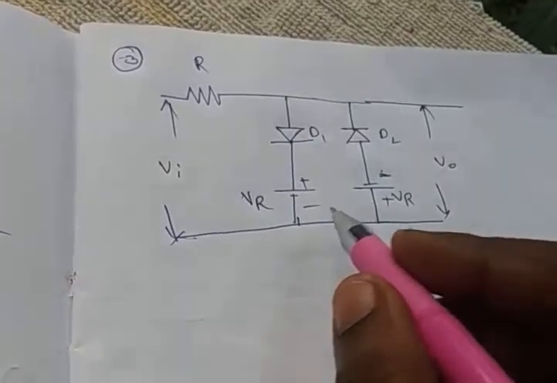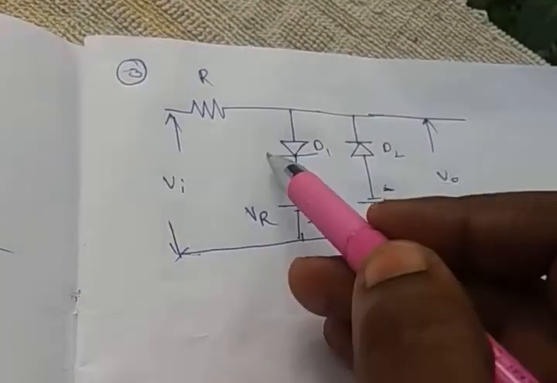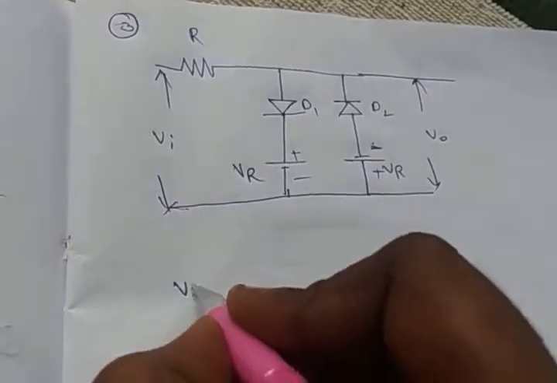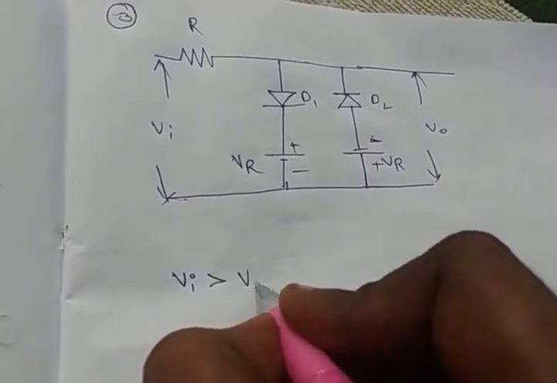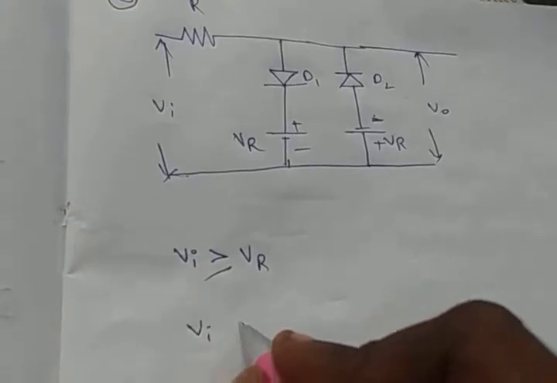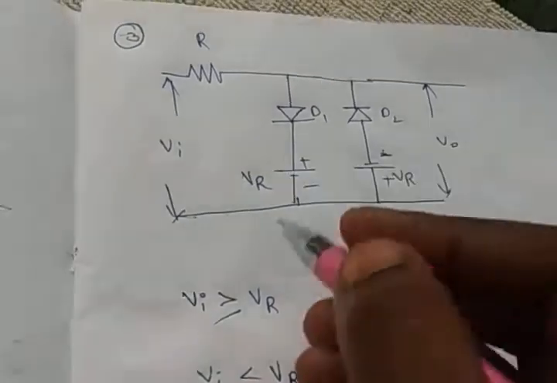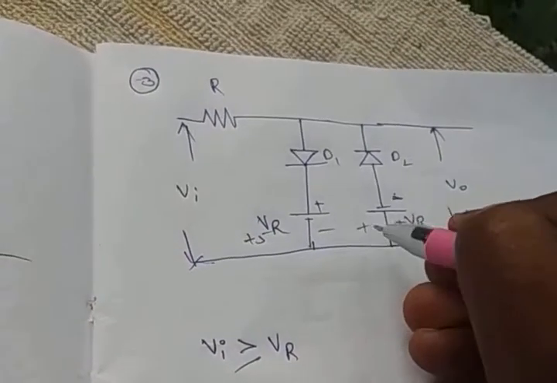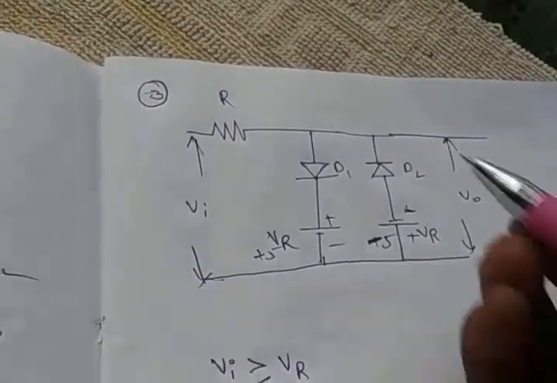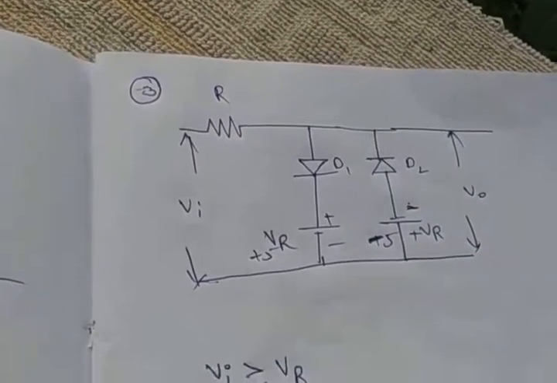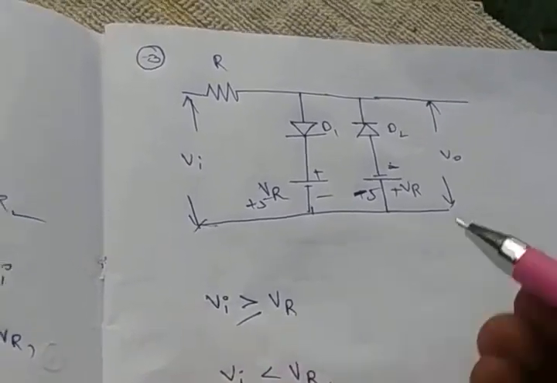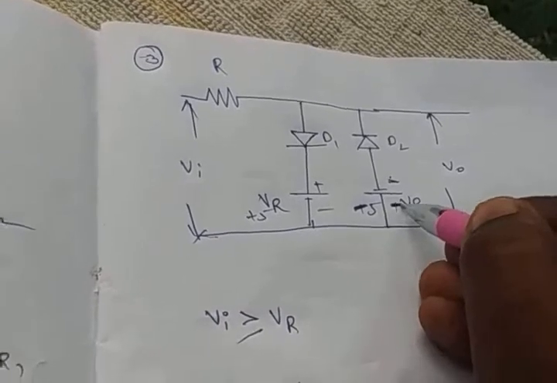I am taking both the references as equal, but the directions of diodes are different. So let's see, for Vi greater than VR conditions and Vi less than VR conditions. For Vi greater than VR conditions, it means plus 5, minus 5. I'm taking minus VR here.